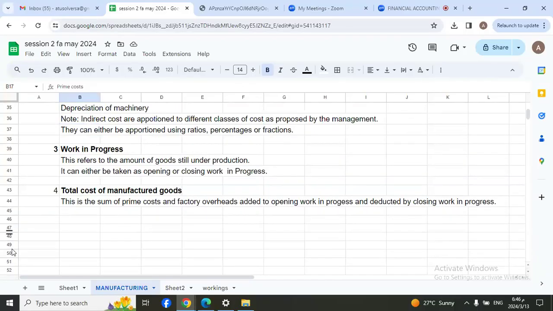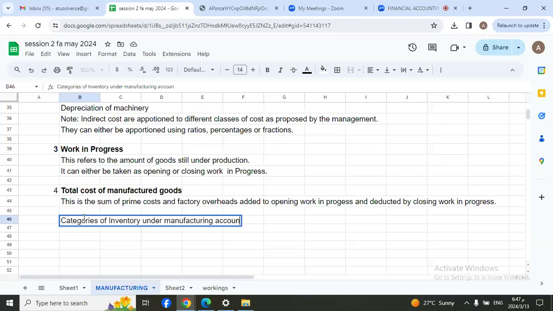We are going to look at categories of inventory under manufacturing accounting. Guys, people are funny.